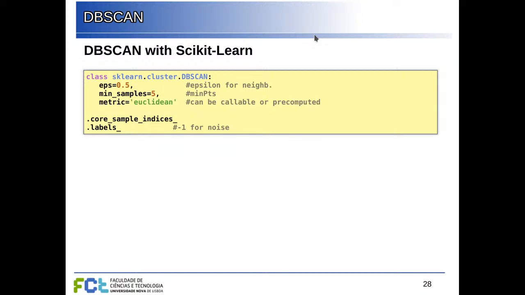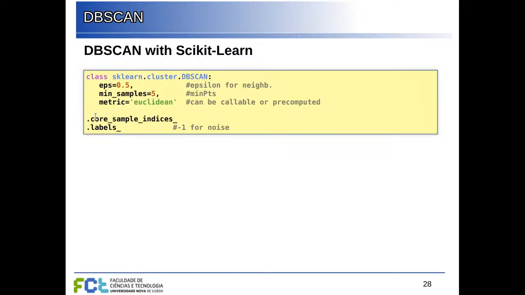So for DBSCAN with scikit-learn, you have here the DBSCAN class. Eps is the epsilon value, so the distance for the neighborhood. Min samples is the minimum number of points, and this is how the distance is calculated. So this can be either a matrix of distances that you supply for all the pairs of points, a function that you can supply that given 2 points gives you the distance, or you can just use the default Euclidean and it will compute the Euclidean distance.